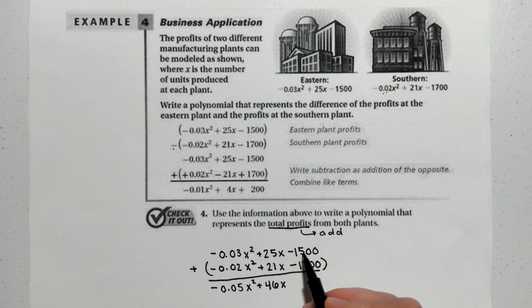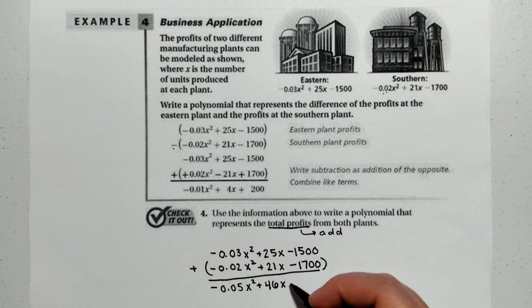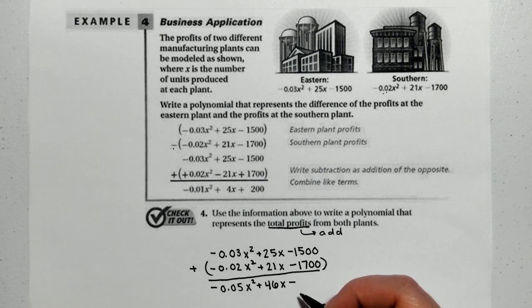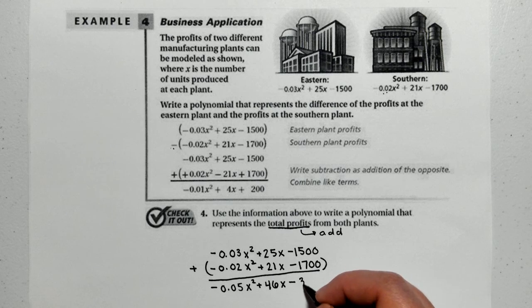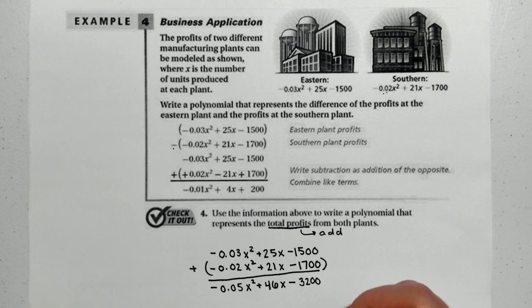And then negative 1,500 plus negative 1,700 will give us negative 3,200. So minus 3,200. So when we add those together, we get negative 0.05x squared plus 46x minus 3,200 for our final answer.